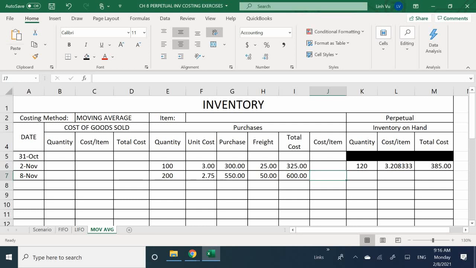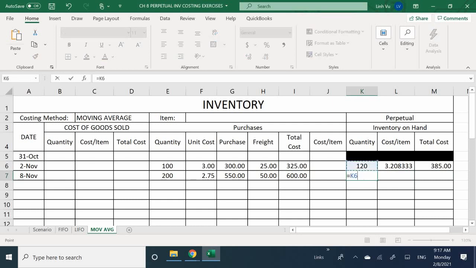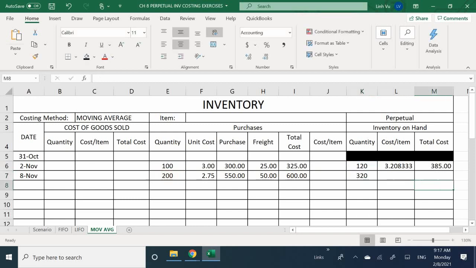And again, now it's up to you. You can solve it for the cost per item, but you don't need to, because I'm going to go ahead and transfer this information over into my inventory on hand. So if I'm adding 120 plus my 200, how much is my total quantity now? 320. 320. What is my total cost? 985. 985.